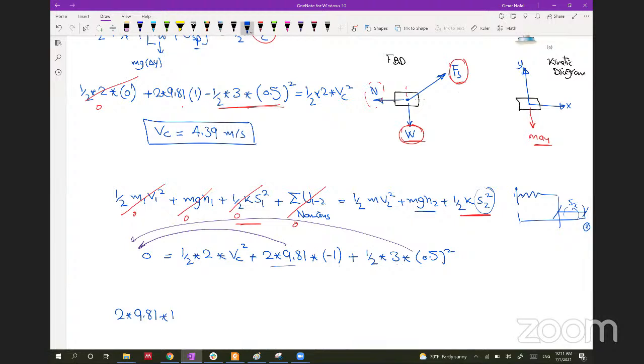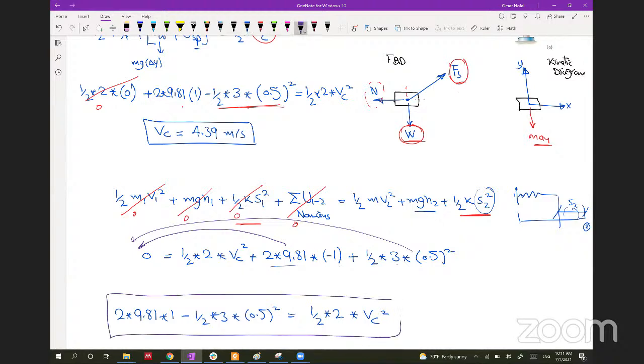And this is a positive term. If you send it to the other side, it will be negative half multiplied by 3 multiplied by 0.5 square. And all of this is equal to half multiplied by 2 multiplied by VC square. I need you to look at this equation and look at the equation from here, this one.